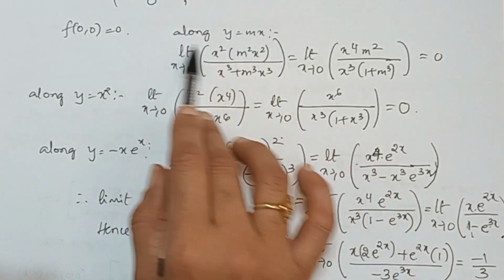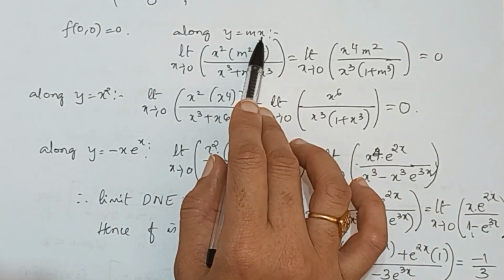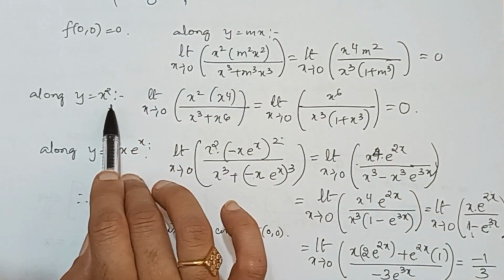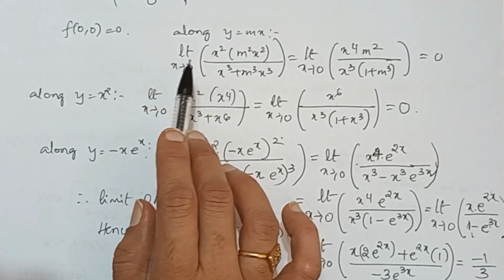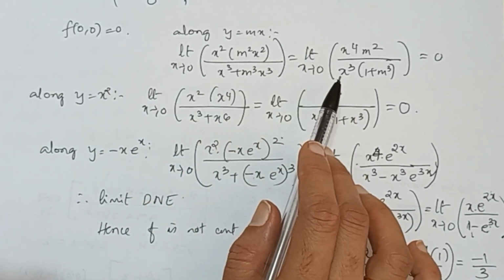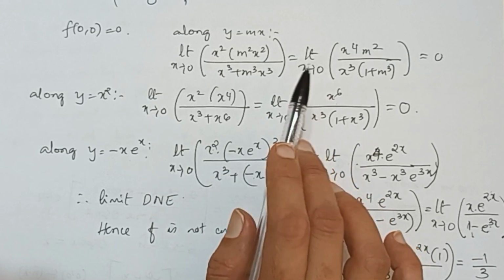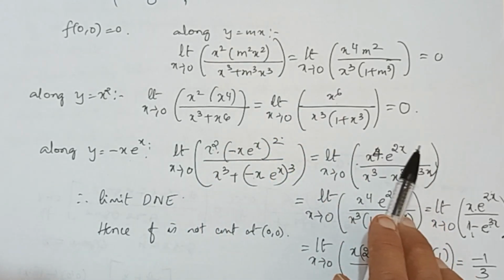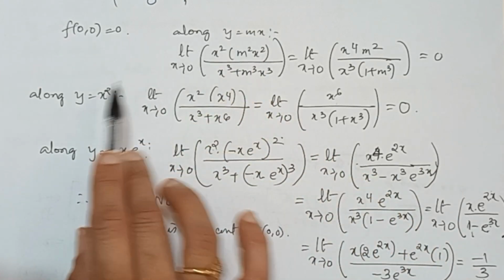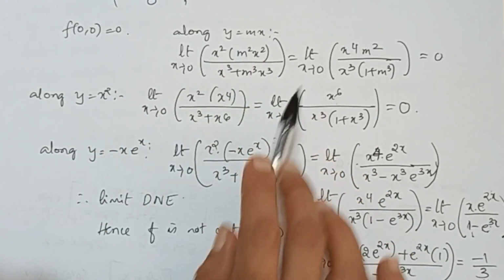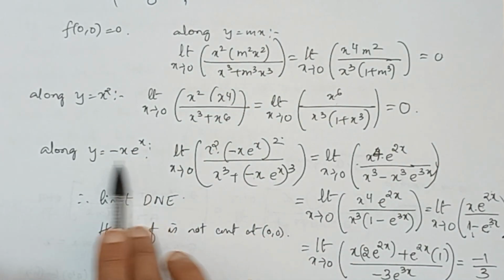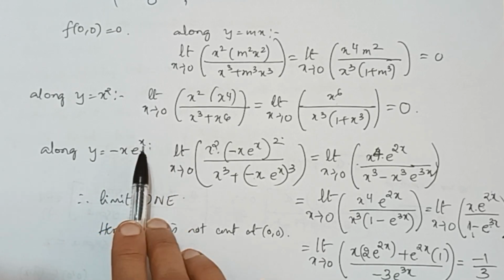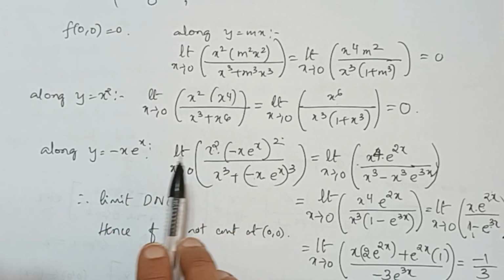So usually limit is found along y equal to mx, this path, then y equal to x square, then using polar coordinates also. If it is dependent on theta, then the limit does not exist, but sometimes these also will give you a false result. This is an example. In that case, you have to go with some other paths to make sure whether the limit exists or not.